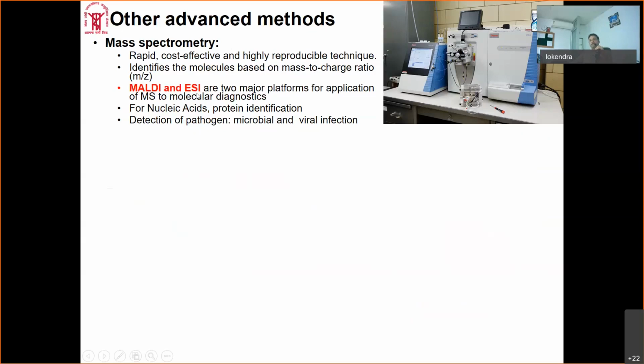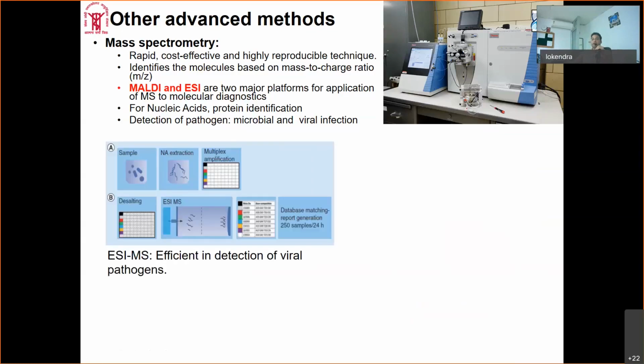In ESI, generally these nucleic acids or proteins are dissolved in an organic solvent, and these are applied for ionization. The molecules are sprayed in an ionization chamber that makes them ionized, and based on their ionization and movement, their mass to charge ratio decides their size and how they travel in the vacuum.